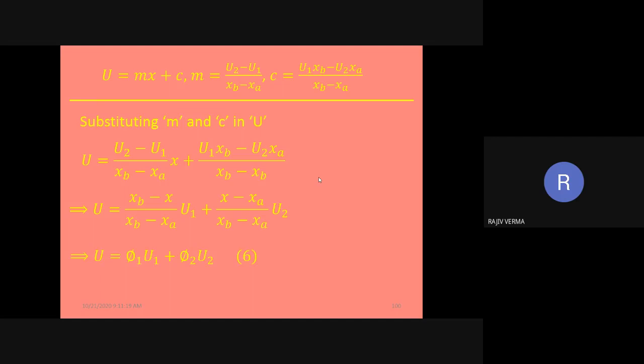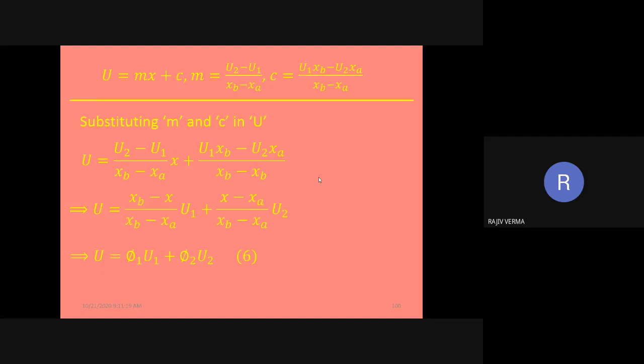Now expression number 6 reads u is equal to u1 phi 1 plus u2 phi 2, where u1 and u2 obviously are the two unknowns. They are unknown because their value is not known. But now u1 and u2 represent the value of the unknown at the two nodal locations. So this is the alternate form of the polynomial which we have been talking about.